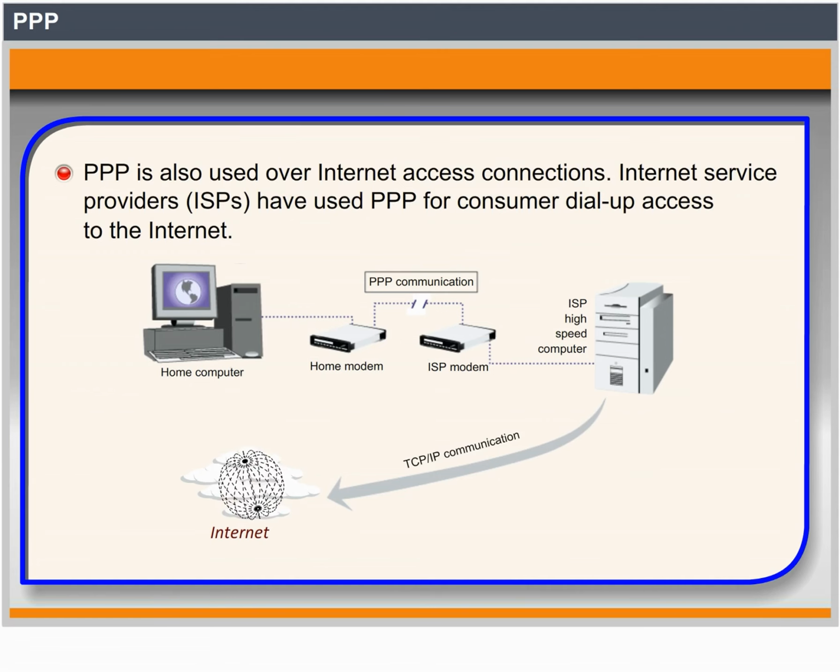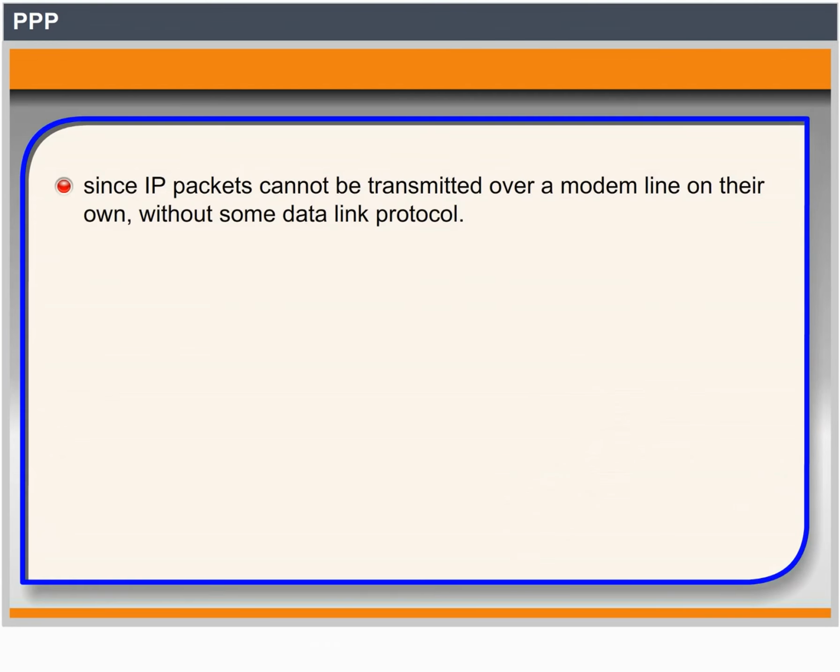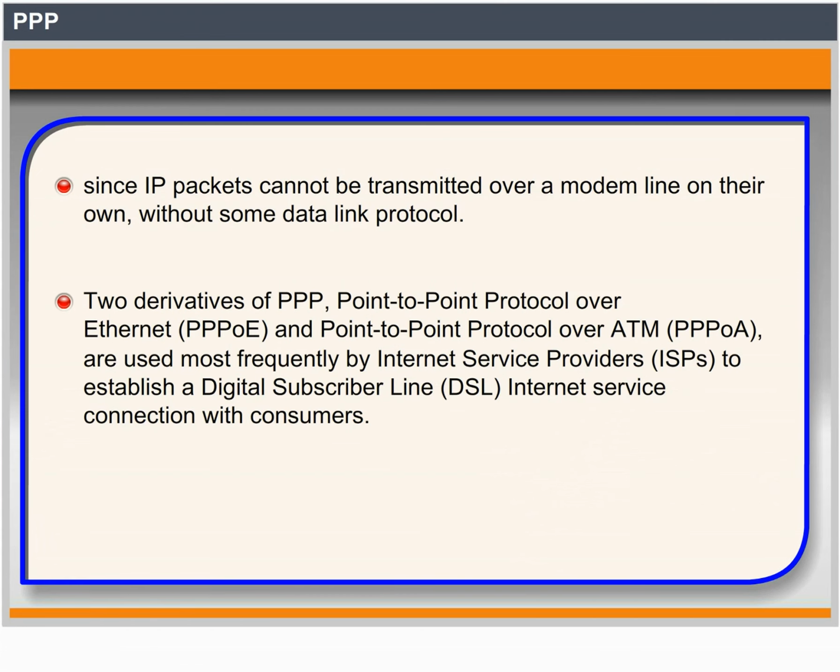Since IP packets cannot be transmitted over a modem line on their own without some data link protocol, two derivatives of PPP, point-to-point protocol over Ethernet or PPPoE, and point-to-point protocol over ATM or PPPoA, are used most commonly by Internet service providers or ISPs to establish a digital subscriber line or DSL Internet service connection with customers.